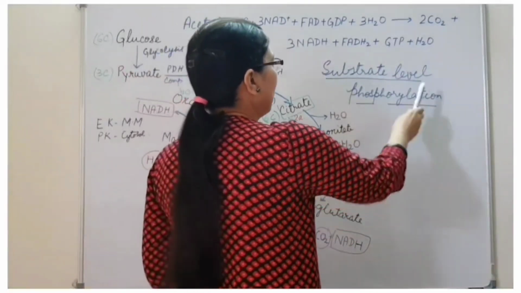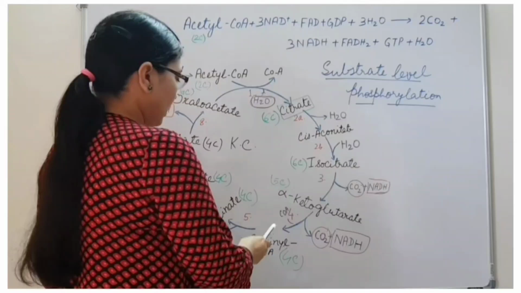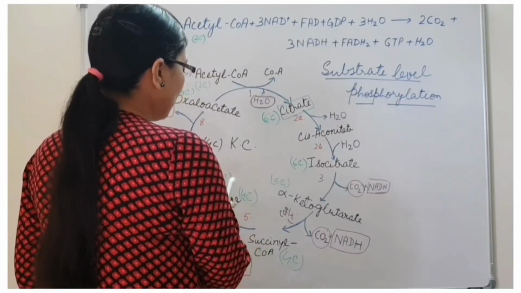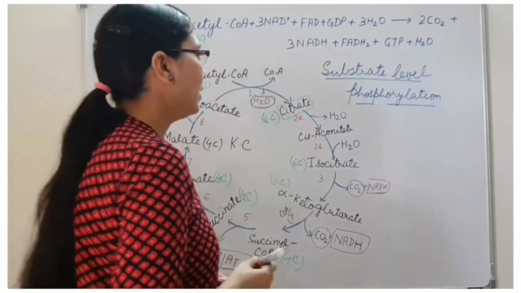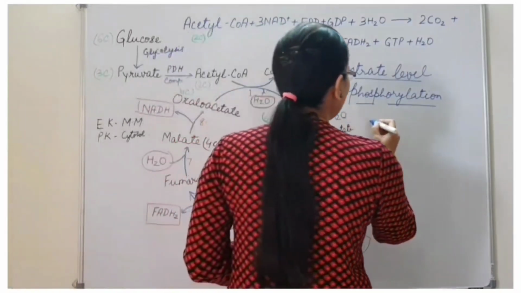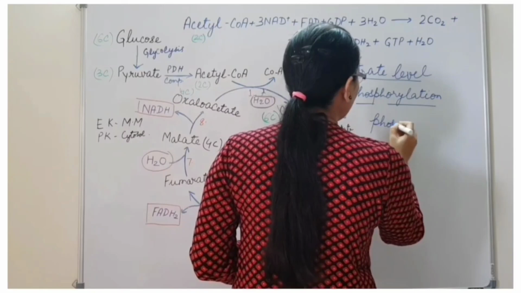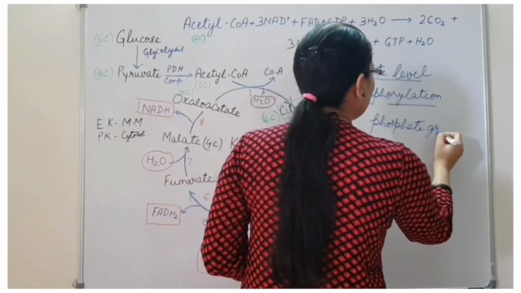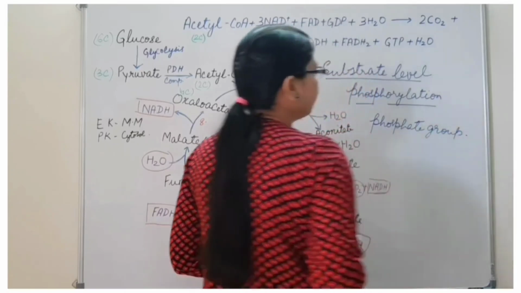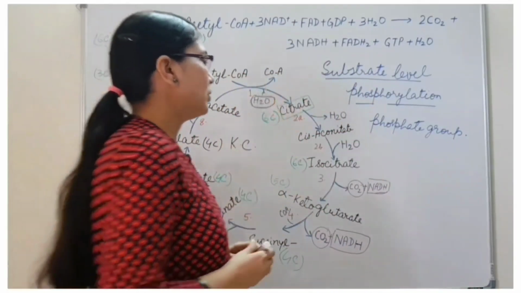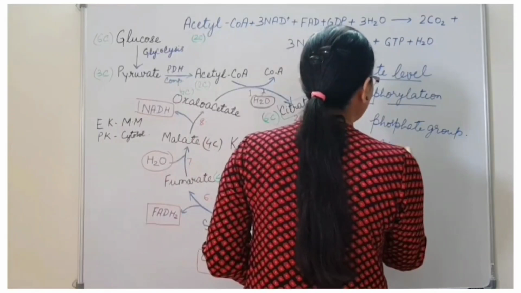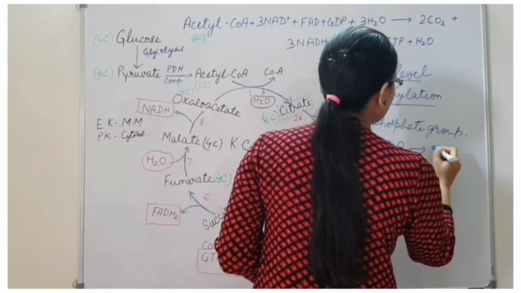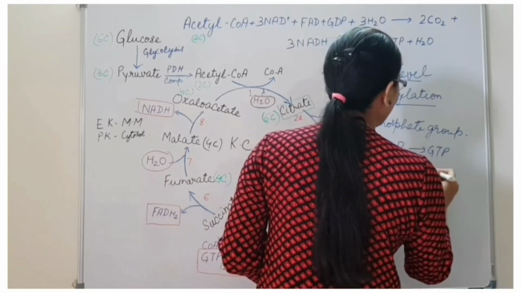Next is the substrate level phosphorylation. This is taking place in the conversion of succinyl coenzyme A to succinate. Here the phosphate group is directly transferred by substrate to GDP or ADP, and it is converted into GTP or ATP.